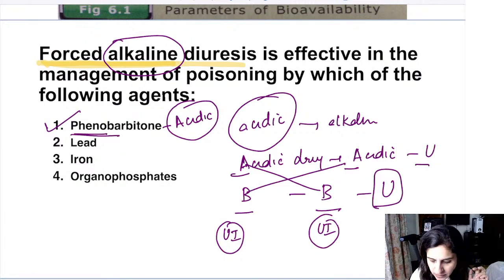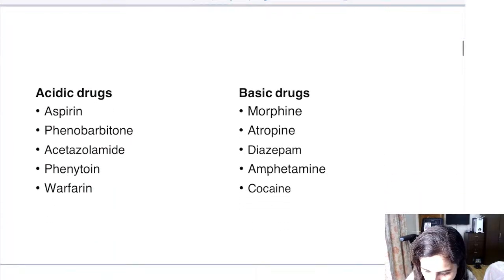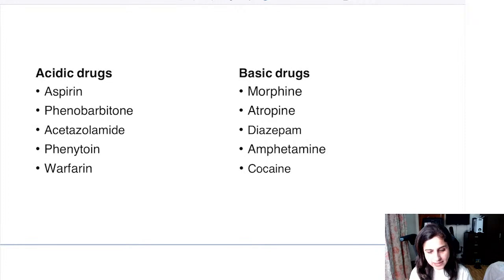So remember this rule. There are a few important drugs. You don't have to remember a list of all acidic and basic drugs, but a few important ones have been asked in previous exams. Among acidic drugs, aspirin is important, phenobarbital, acetazolamide, phenytoin, warfarin.